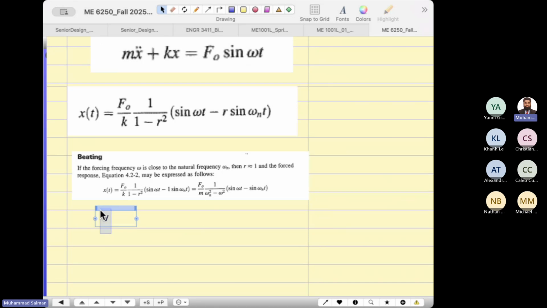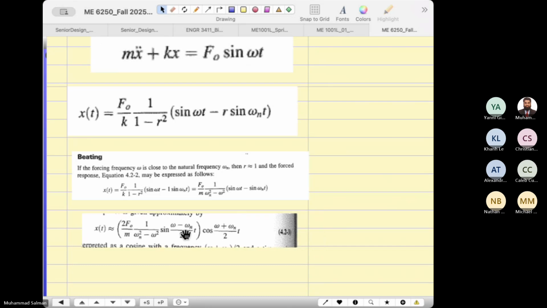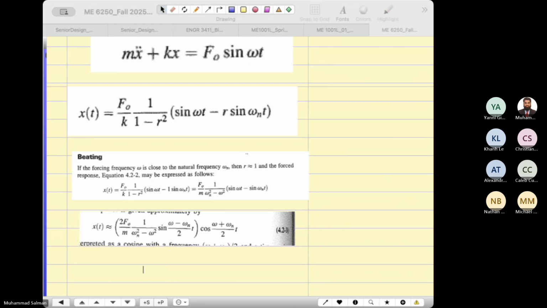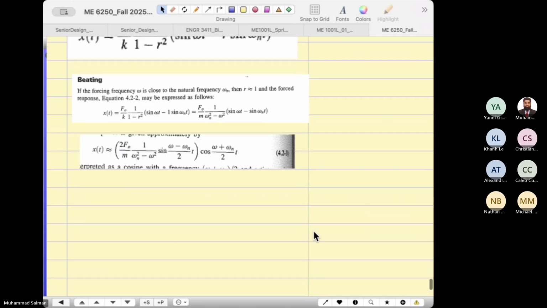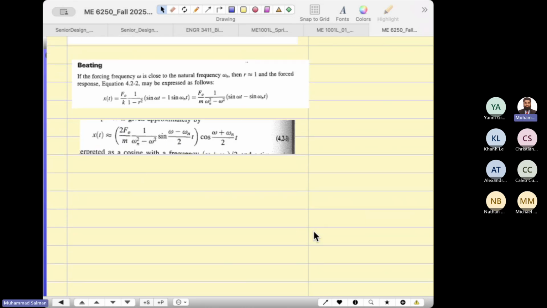So this is what happens when the forcing frequency closes in. This one is the amplitude of the cosine wave.